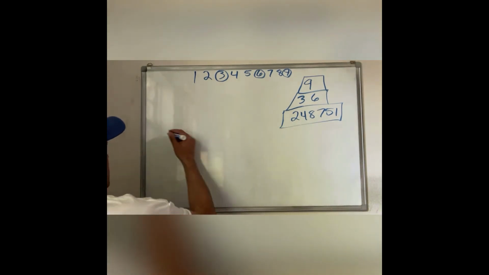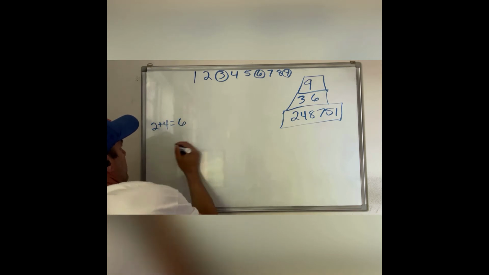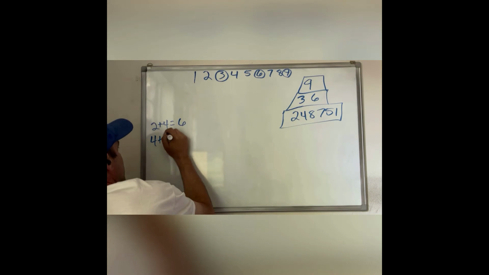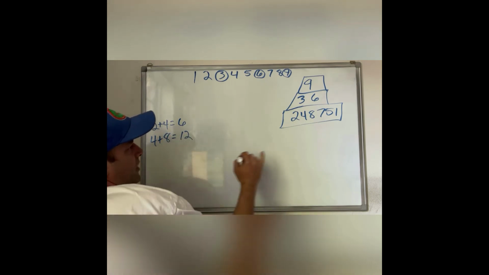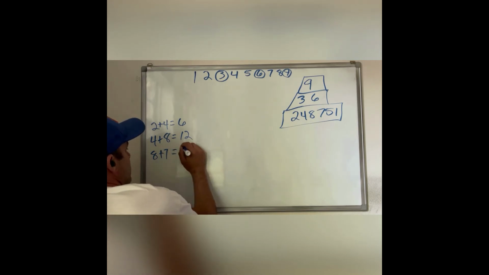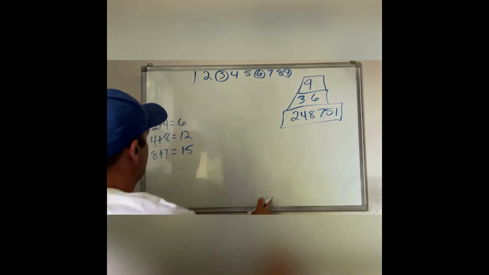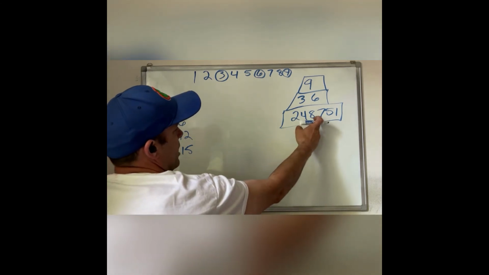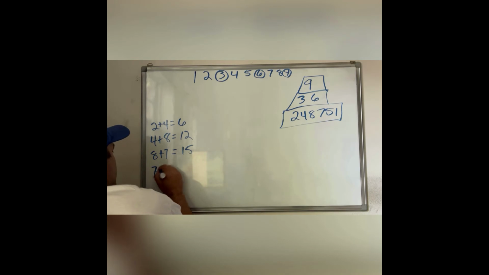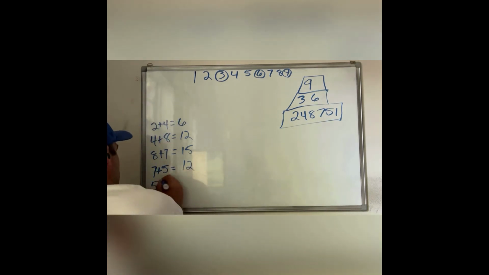So we have 2 plus 4, and the next one is 4 and 8, so 4 plus 8, and the next one is 7, so we've got 8 plus 7, and we're just going down the line to the next one. We just did 8 and 7, so now we're doing 7 and 5. So 7 plus 5, and then 5 plus 1, right?